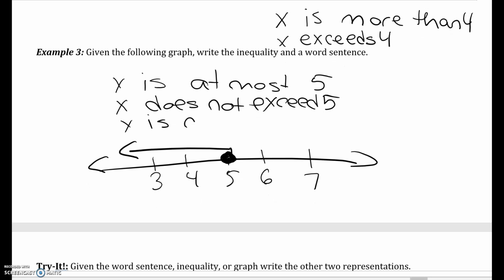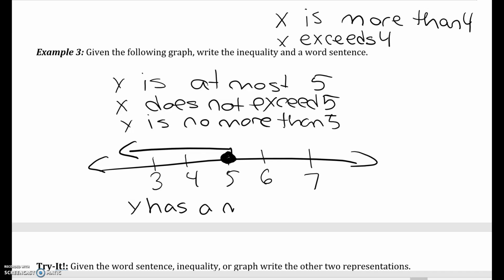X is no more than 5. X has a maximum value of 5. Any of those would work.